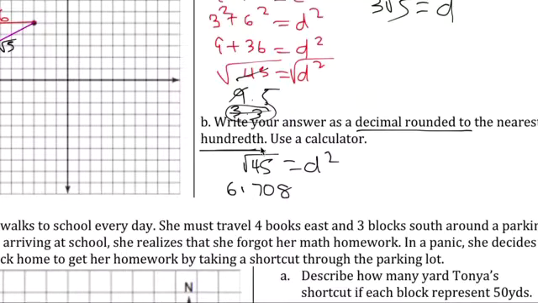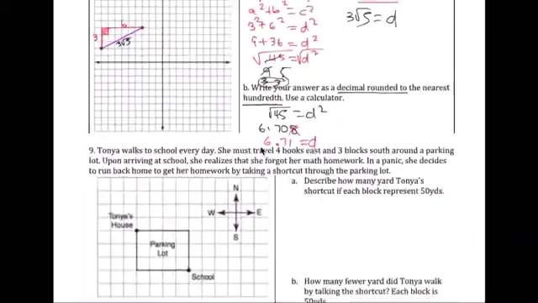Nearest hundredth is a 0. This is an 8, so the diagonal is 6.71. Okay.